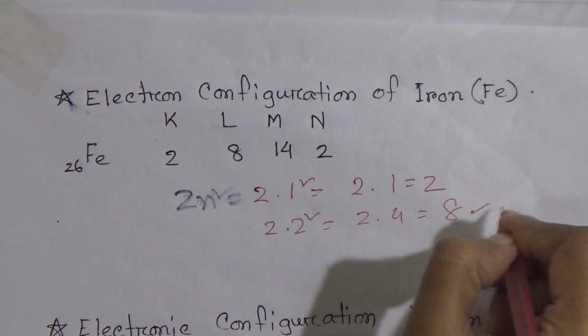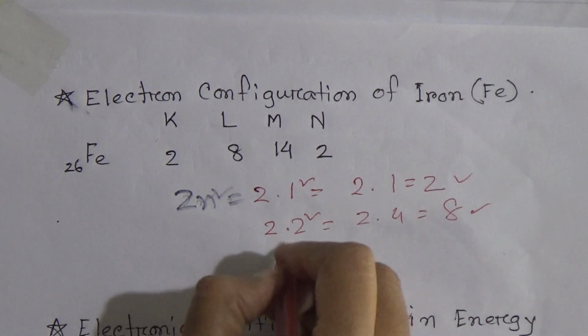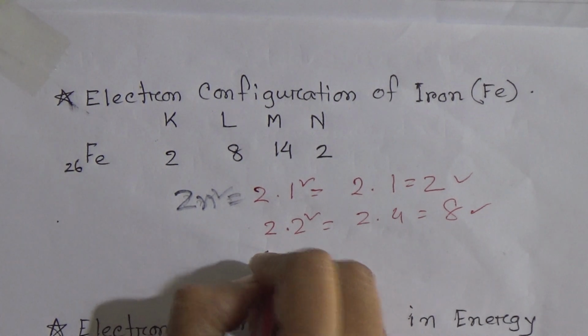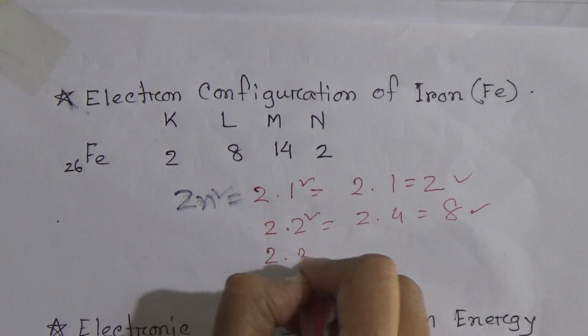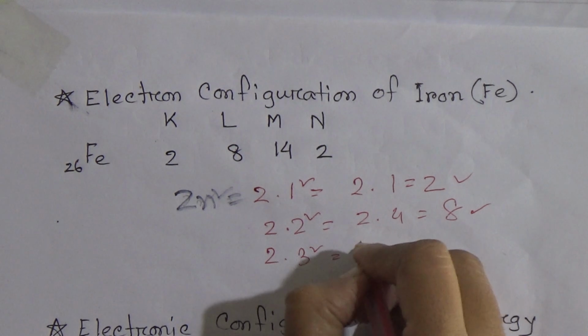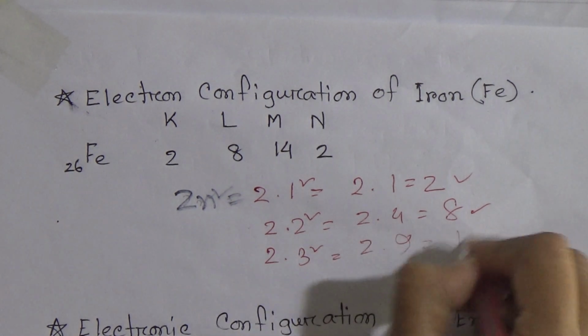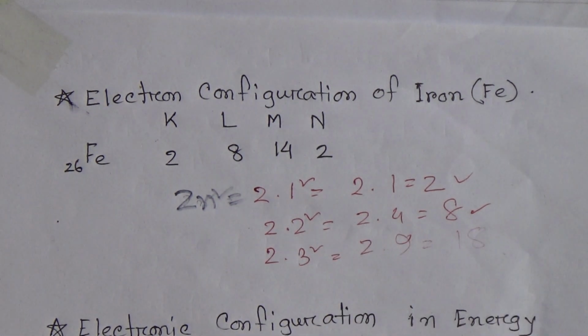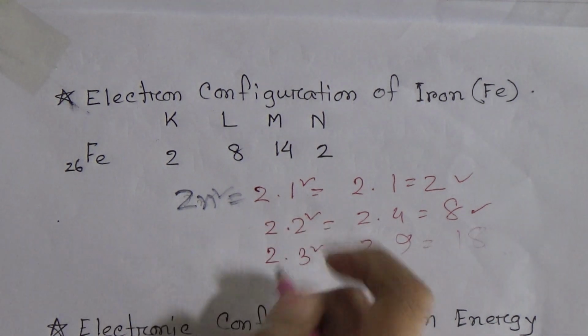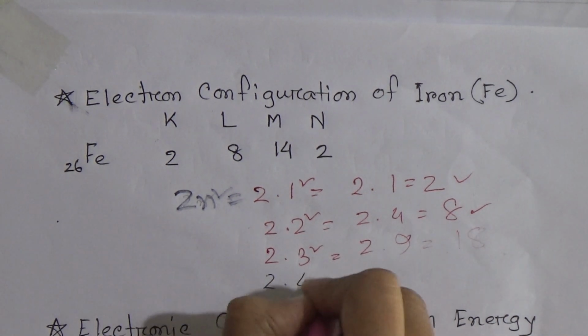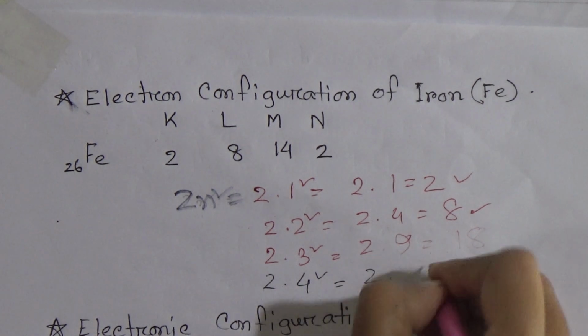In the second orbit there will be 8 electrons. In the third orbit, 2 into 3 square, that means 2 into 9, that means 18 electrons. Now the next one, 2 into 4 square, 2 into 16, that means 32.